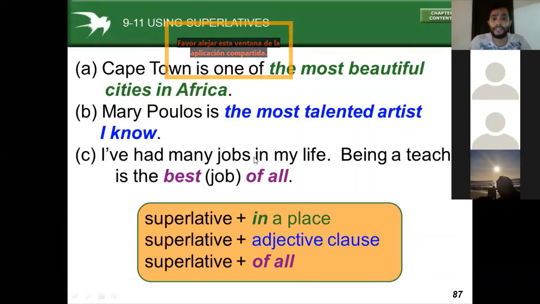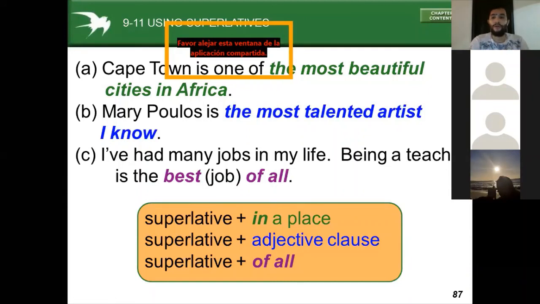I've had many jobs in my life. Being a teacher is the best of all, or is the best job of all. Here, when I say of all, what I mean is I am not speaking about a place in specific. I am not speaking about anything in specific. I am just being general about one thing, right? So in this case, I mean jobs.